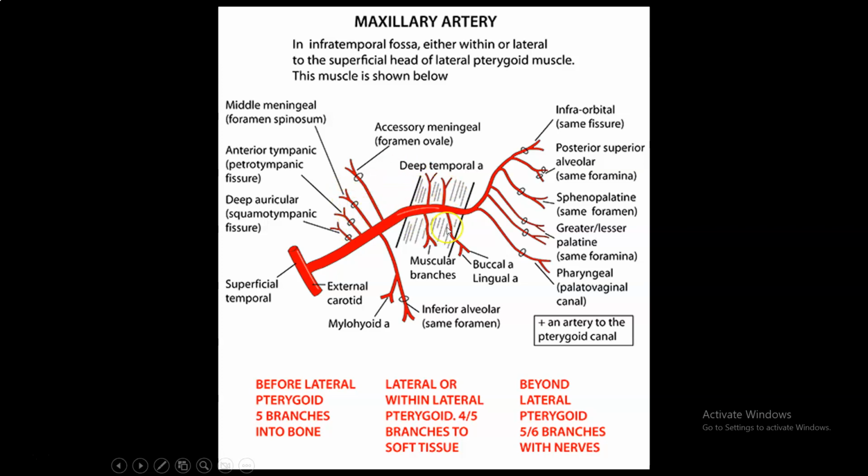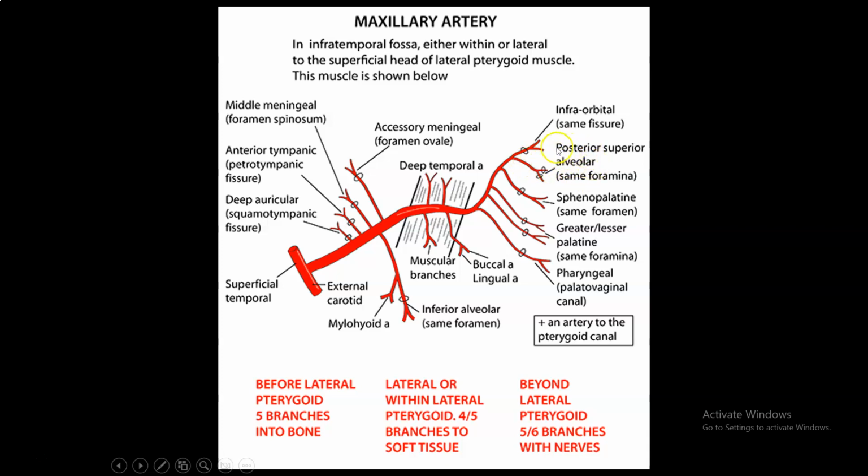The second part gives muscular branches, as we said, which are the branches to the lateral pterygoid, medial pterygoid, masseter, and temporalis. And the third part gives branches with the nerves. So the infraorbital artery is the continuation of the maxillary artery, through the infraorbital foramen with the maxillary nerve. And we are supplying from posterior and up.